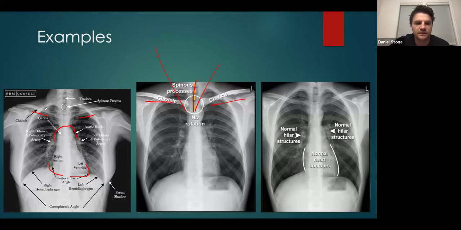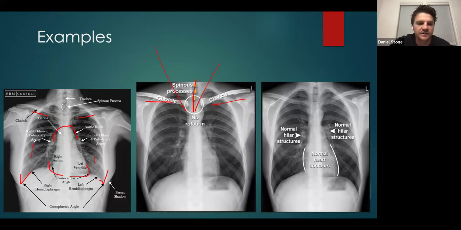I usually start with the inferior portions of the lung fields because that's where pneumonia likes to hang out. I like to make sure that I can see the costophrenic angles. And once I look at the costophrenic angles, evaluating the diaphragm, then I work up, make sure I don't see anything in either of the lung fields.